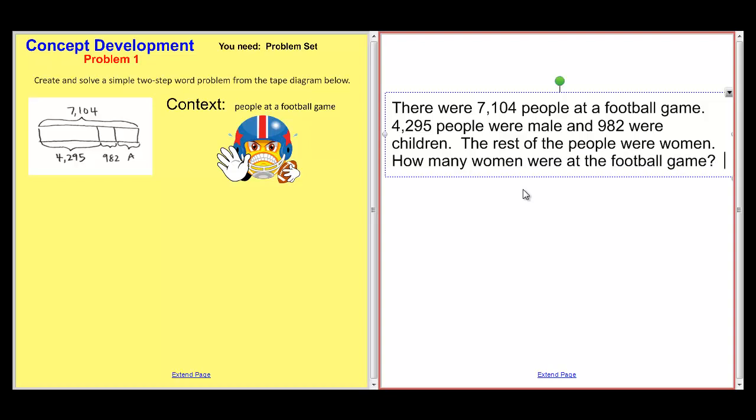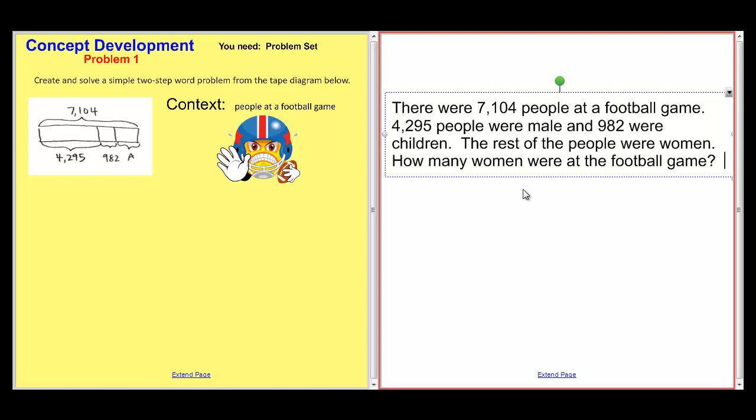Now, it says to not only create a simple two-step word problem, but you also have to be able to solve the word problem. So here's where I would solve. And again, there's more than one way to solve this problem, but I would begin by taking my whole.